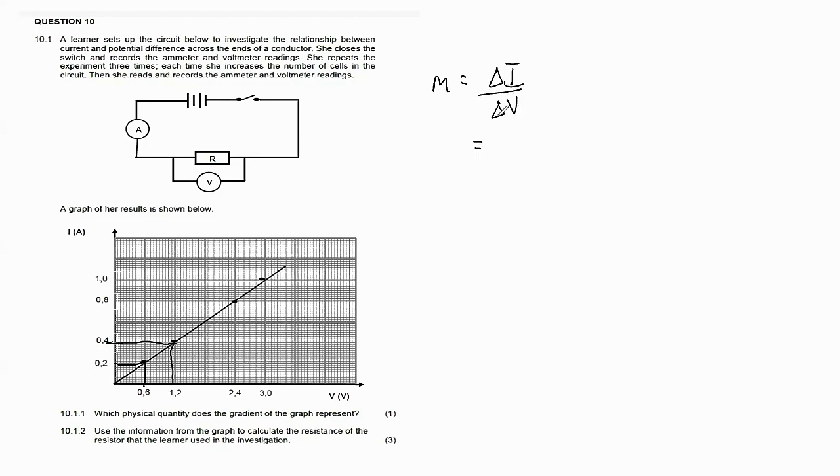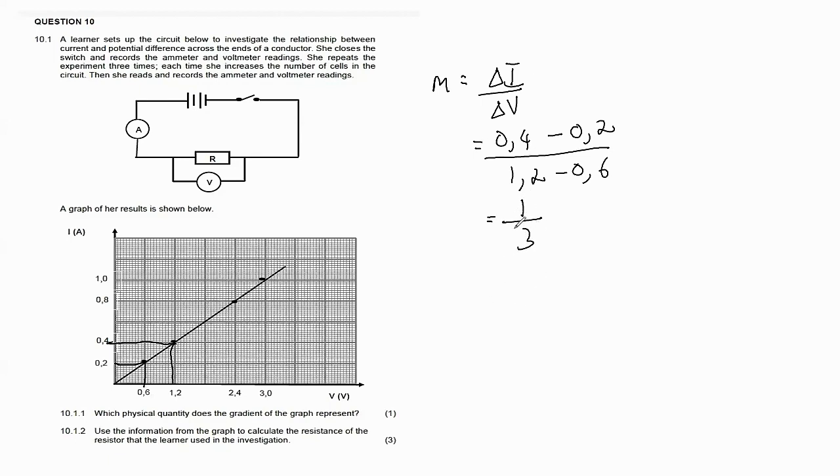So our change in current, we're going to say 0.4 minus 0.2, over 1.2 minus 0.6. When we calculate this, we end up with 1 over 3, right?